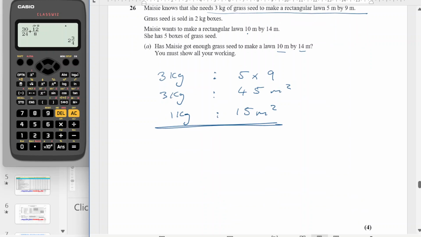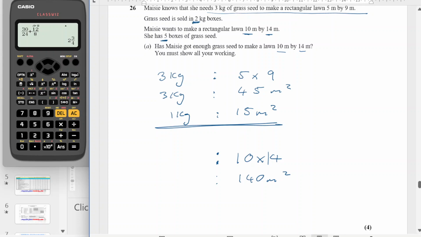So she's got a rectangular field that is 10 by 14. So 10 by 14 is going to be 140 meters squared. So the grass seed that she's got, 5 boxes, and each box is 2 kilograms.